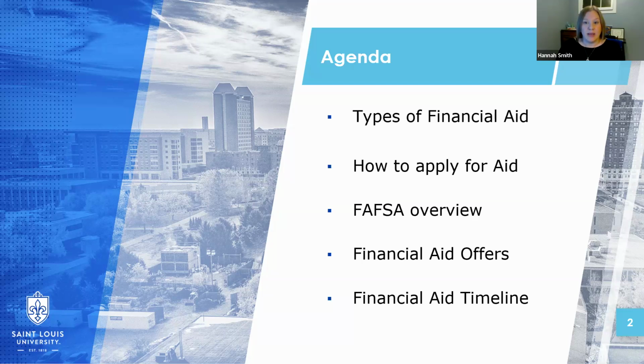the FAFSA form. That's the big need-based aid application, and a really big step in the financial aid process that your students will need to fill out and have on file at the schools they're looking at. And then we'll talk through financial aid offers.